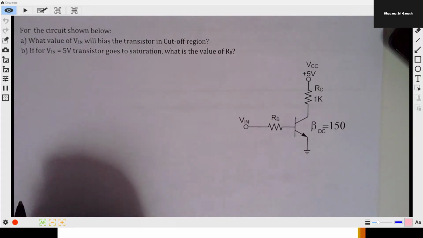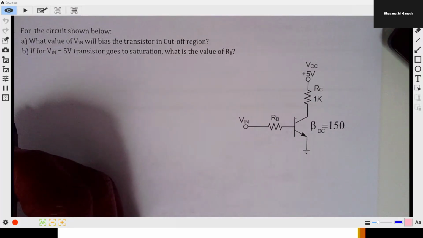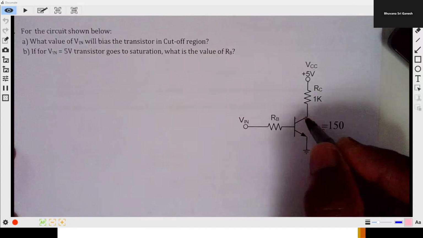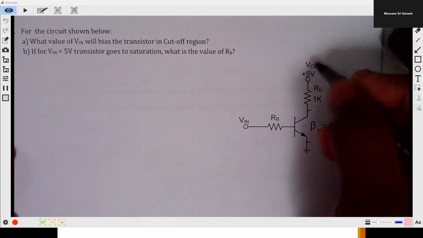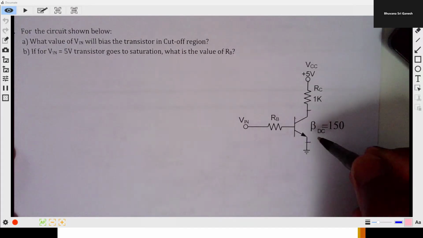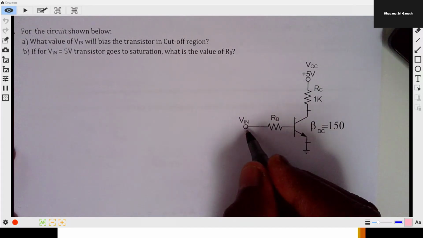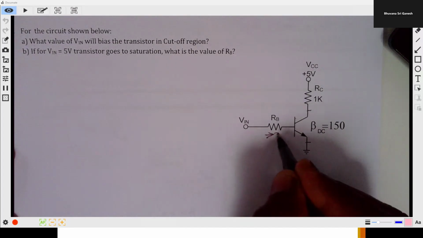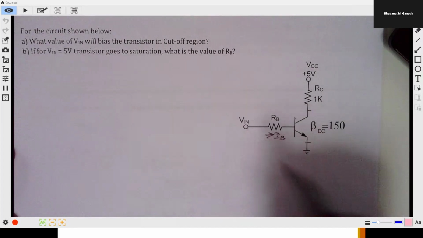Now first we shall consider cutoff. VCE is going to be the supply voltage. At that time, Vin is going to be 0 volts. There is no current, so there is no IB, which means Vin is at 0 volts.